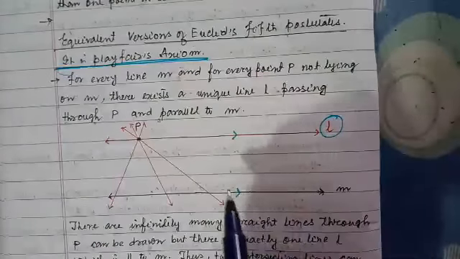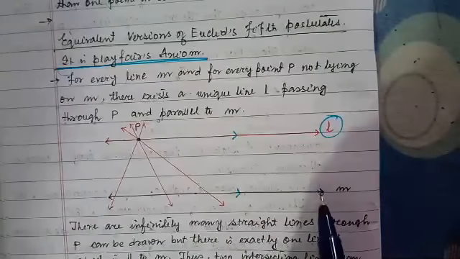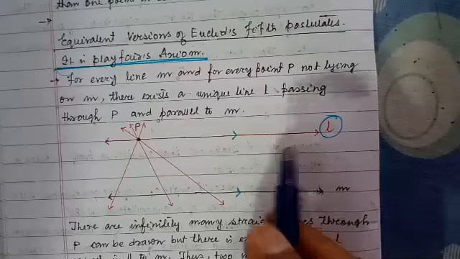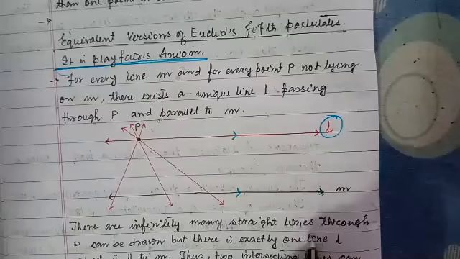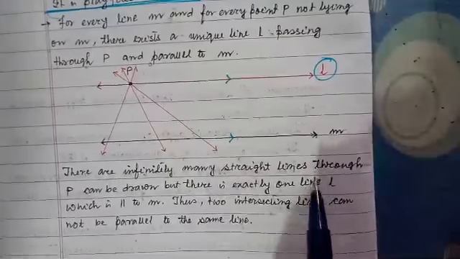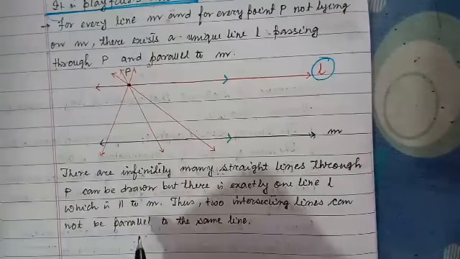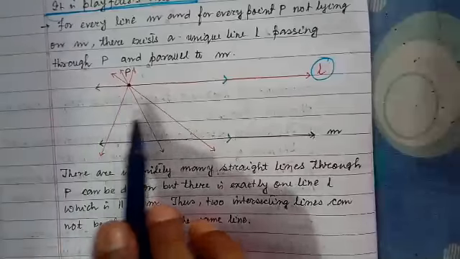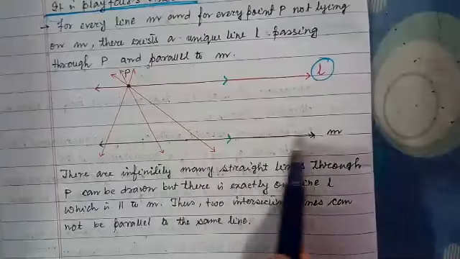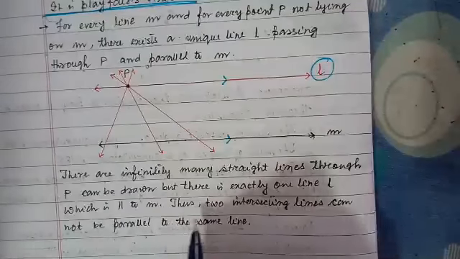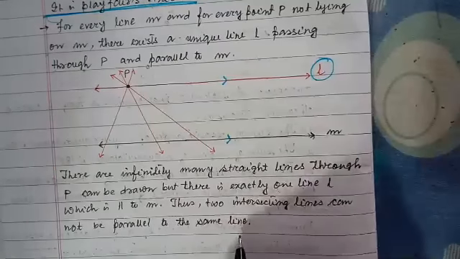Out of these, only one line can be parallel to M. Not more than one line can be parallel to it. So infinitely many straight lines can be drawn through the point P, but there is exactly one line L which is parallel to the line M. Thus, two intersecting lines cannot be parallel to the same line.